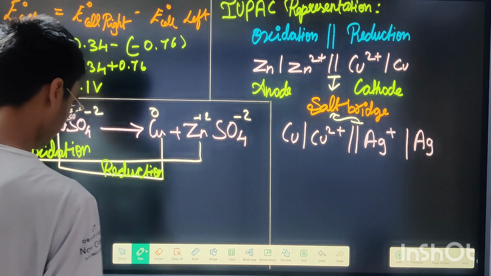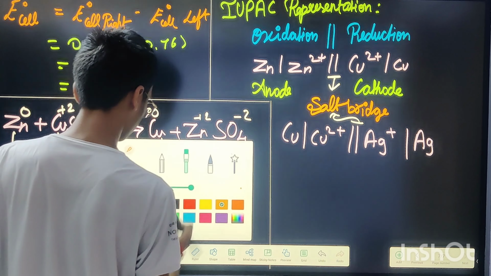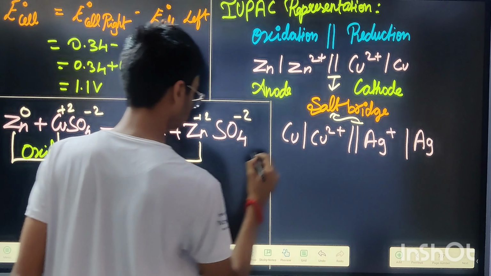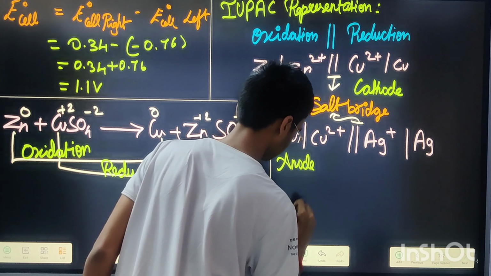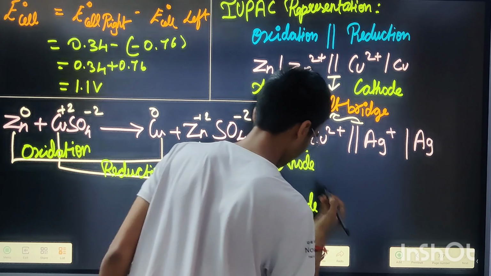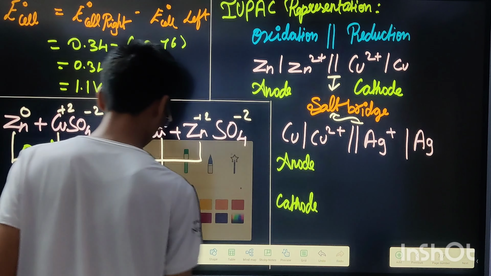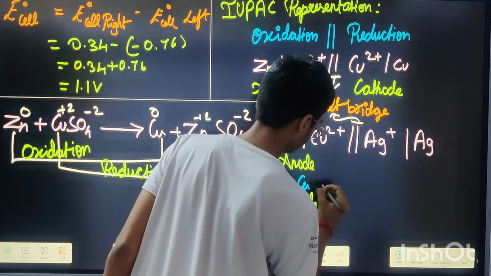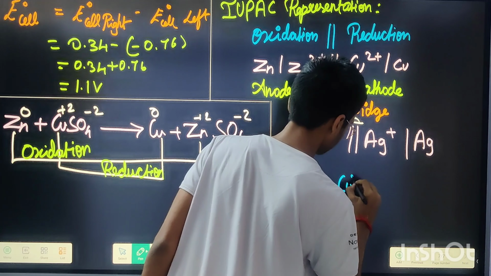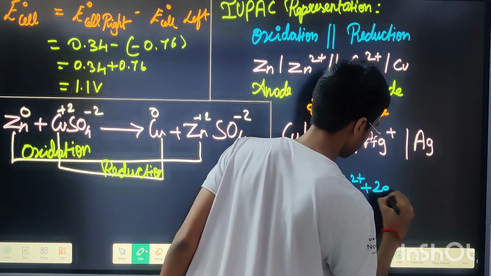So at the anode, Cu is converted into Cu2+ plus 2e-.